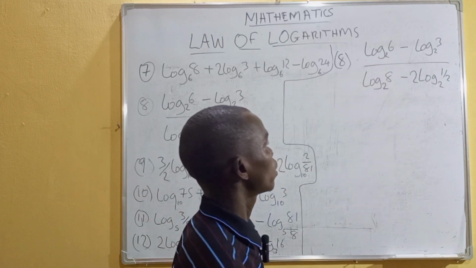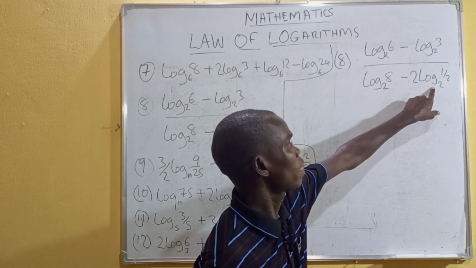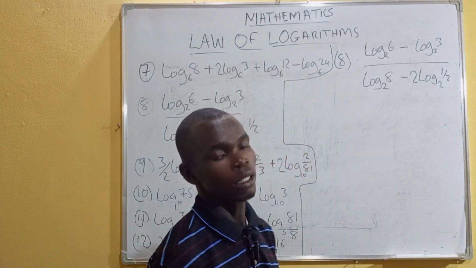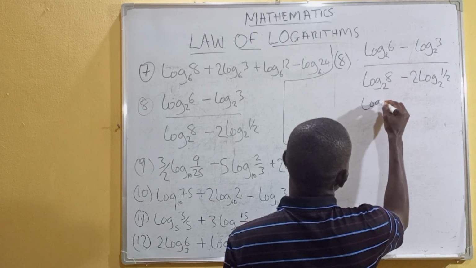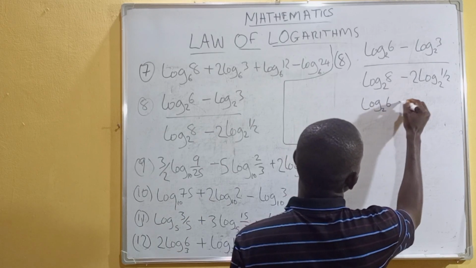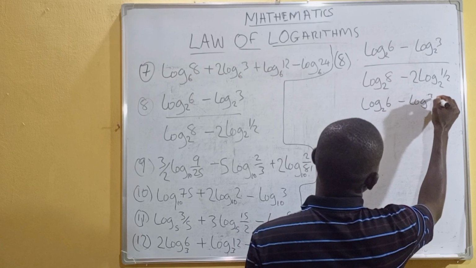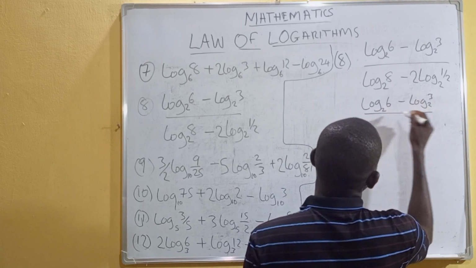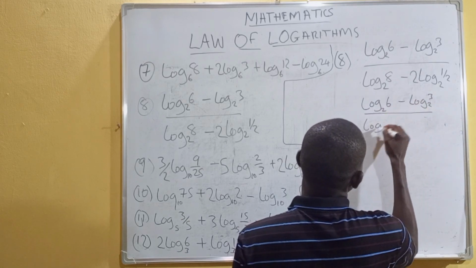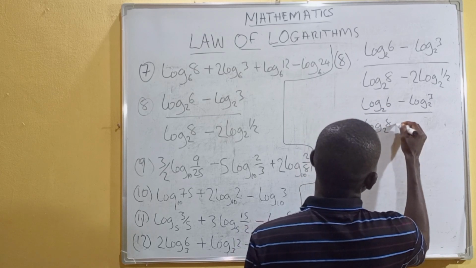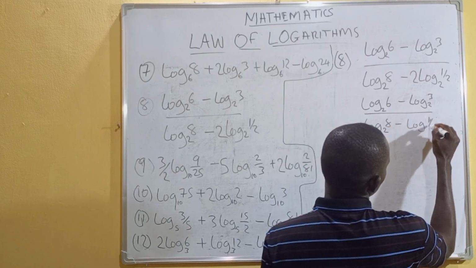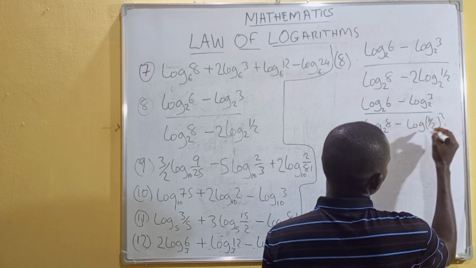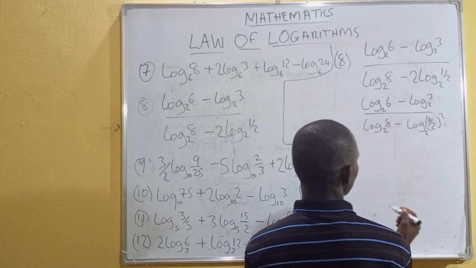So the best way is to reverse this power law and use the law of logarithm, which will now be log of 6 base 2 minus log of 3 base 2 divided by log of 8 base 2 minus log 1 all over 2 all square with base 2.